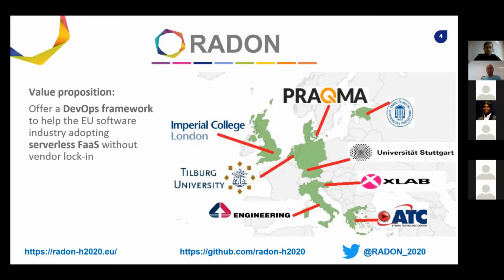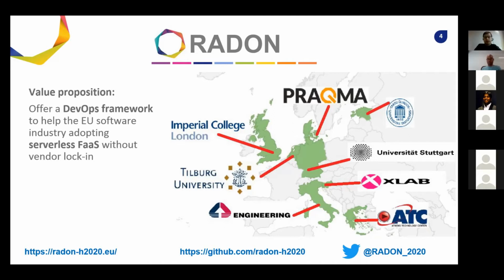The general goal of the RADON project is to offer a DevOps framework to EU companies and institutions, the software industry, to enable them to adopt the serverless function-as-a-service model without the typical vendor lock-in that you get when you use the public cloud providers.